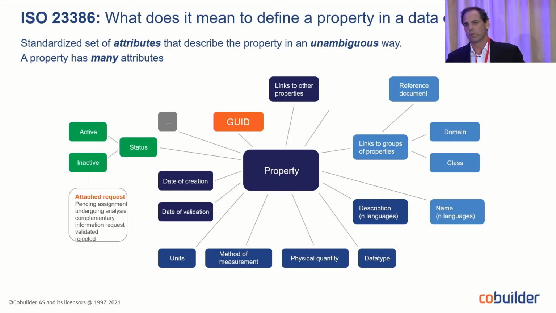The very important part here is this orange thing, this GUID, which software uses. So software can understand what is the width of something, what is the length of something. Then we can connect all the different actors in the supply chain using one GUID to describe what we are talking about.